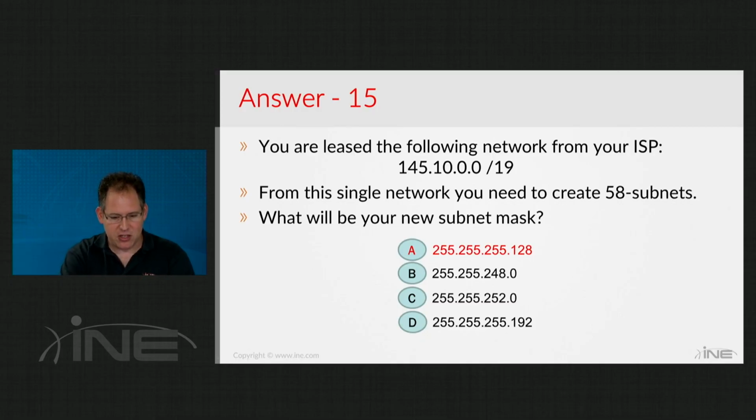That'll give me up to 64 subnets. So I need to add 6 bits to this. 19 plus 6 is going to be 25, or a /25. So that means here's my 24, and 128 gives me my 25th bit. So that's how you got that.